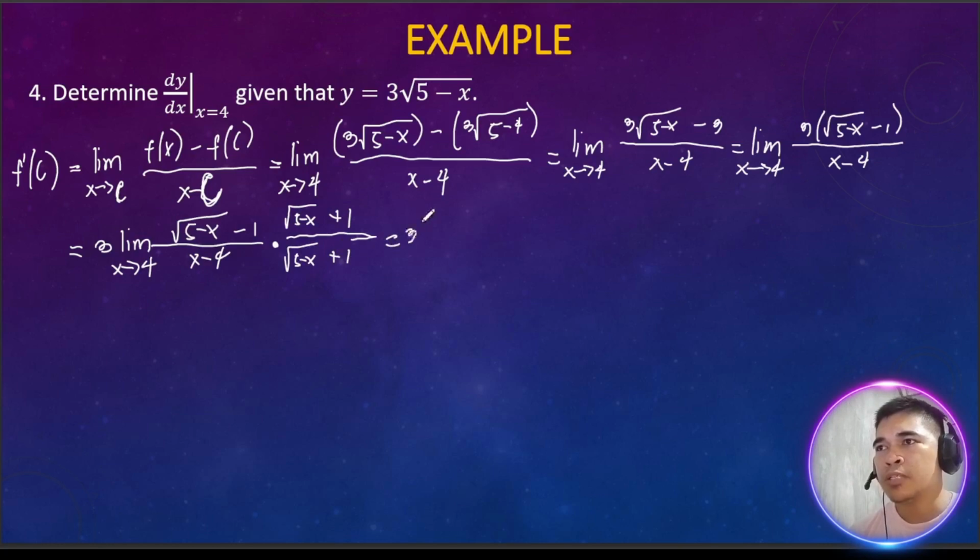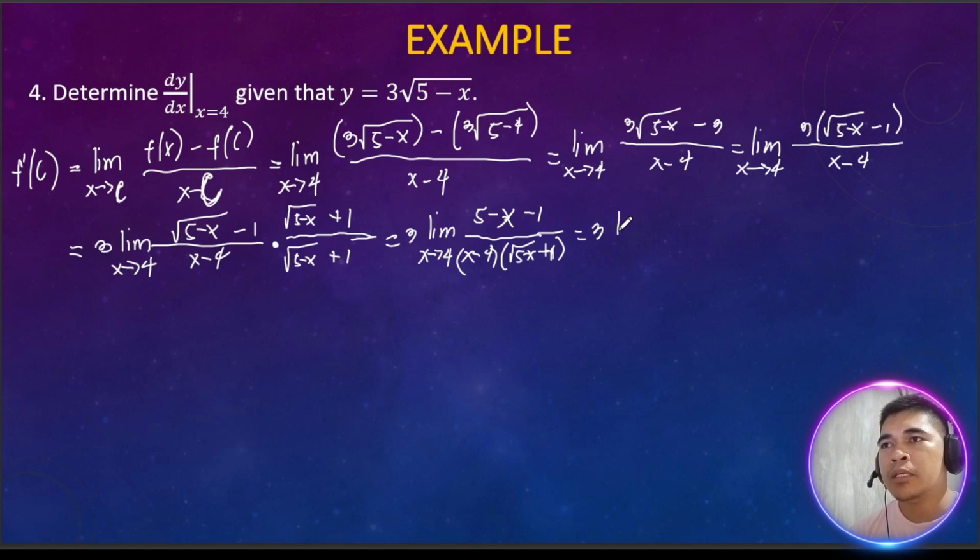So the result is 3 times the limit of 5 minus x minus 1 over x minus 4 times square root of 5 minus x plus 1 as x approaches 4, which equals 3 times the limit of 4 minus x over x minus 4 times square root of 5 minus x plus 1.